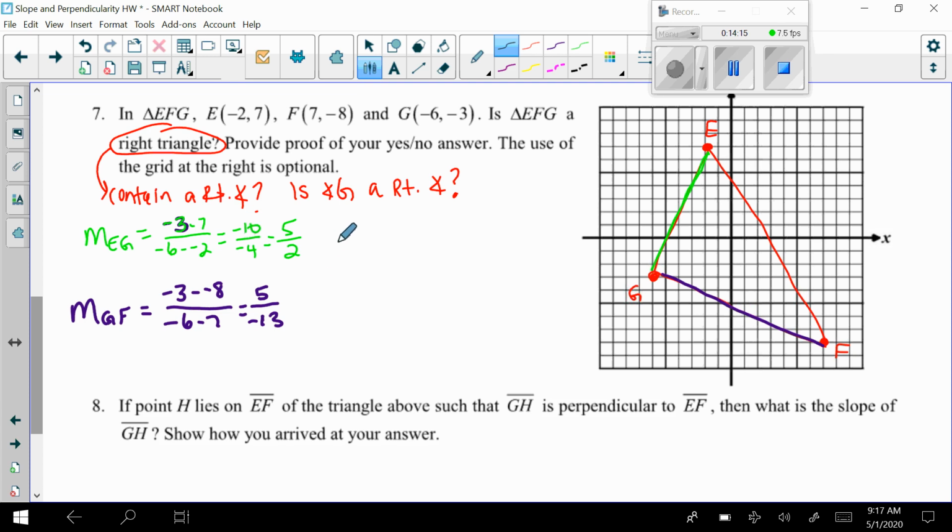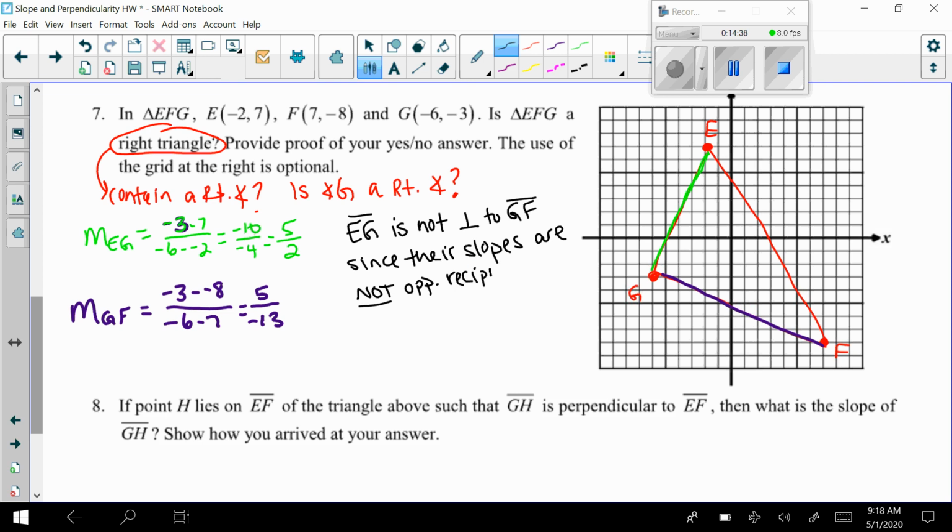So the first thing I'm going to say is EG is not perpendicular to GF since their slopes are not opposite reciprocals or negative reciprocals, same thing. So thus, angle G is not a right angle.